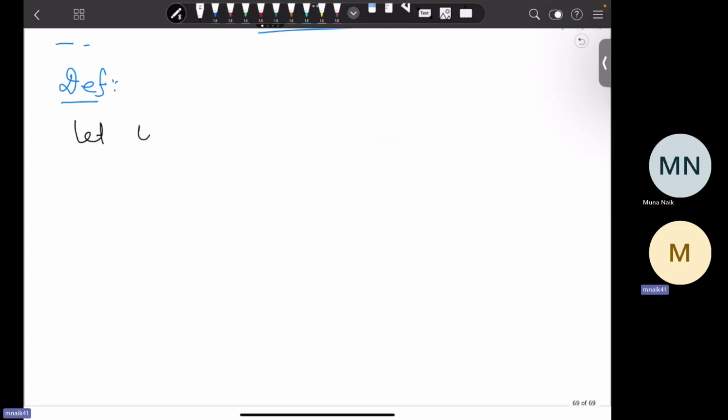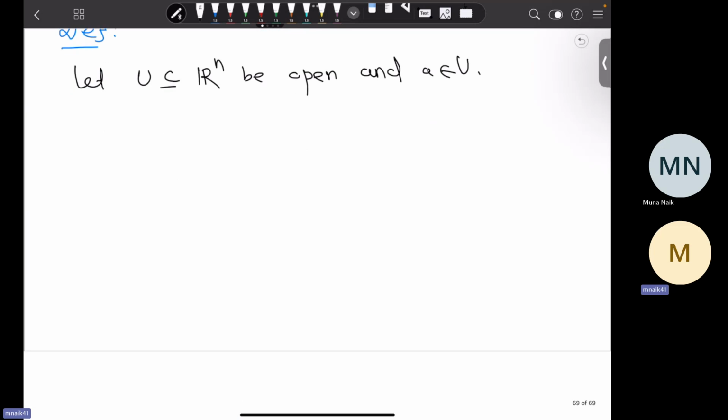Let U, a subset of R^n, be open and a belongs to U. Let f be a function from U to R, a real valued function.